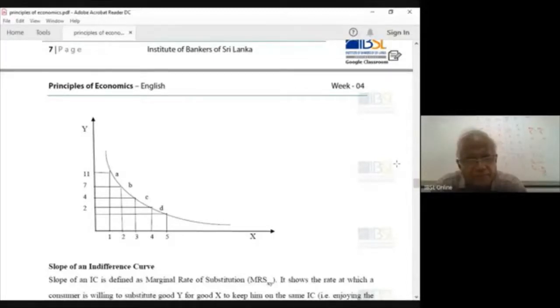Bundle C should be a bit above this. Mark this. C, 3 and 4. D, 4 and 2. E, please mark that. 5 and what?